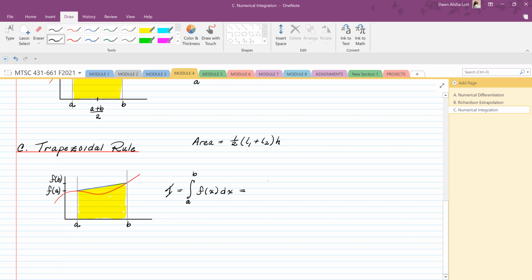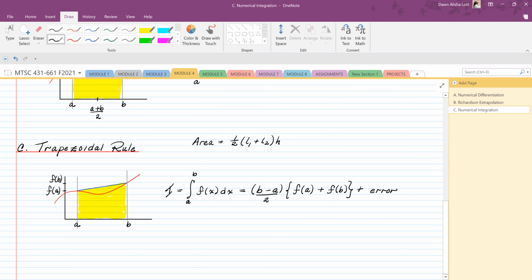I'm going to use h to be my b minus a. So I'm going to get (b minus a) over 2, times f of a plus f of b, plus whatever error comes my way.